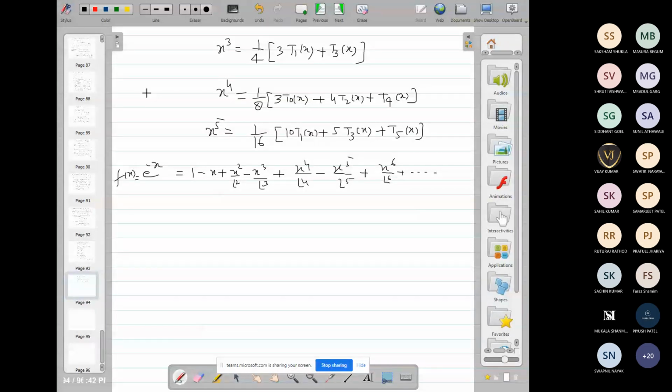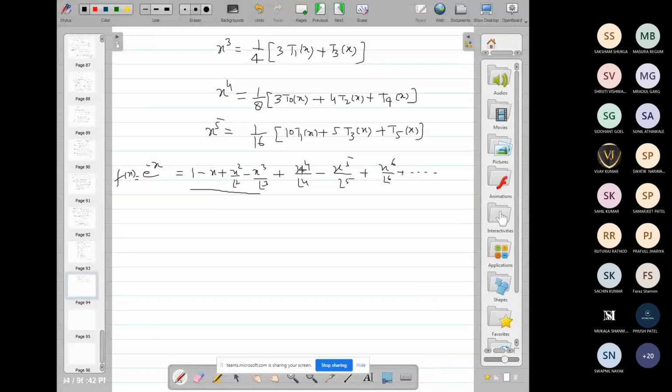How many terms we need to consider in the series depends upon the accuracy. That is, we can calculate the maximum error, and if suppose we consider the series only up to 3 terms, then the maximum possible error will be less than or equal to 1 by factorial 4. The value of this is the maximum error. So we can calculate, that is, if we require up to 3 decimal places for a given x, then how many terms we need in the series. Already we have studied.